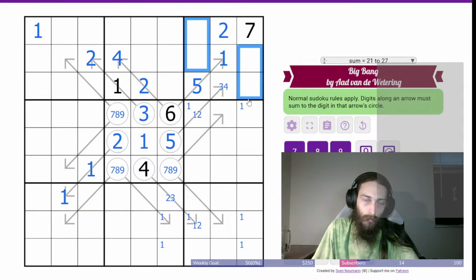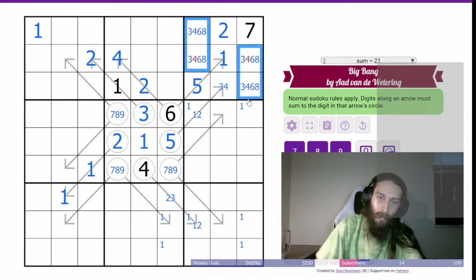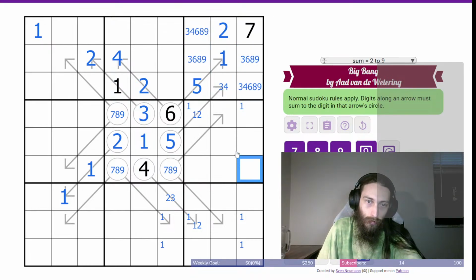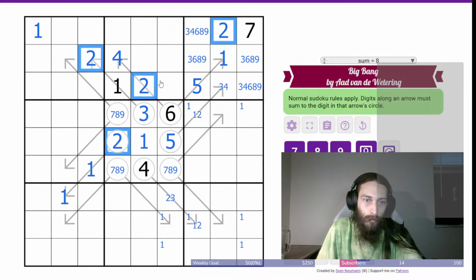I feel like filling in the rest of box 3. 3, 4, 6, 8. And a 9, where 4 isn't either of those two. I don't know if that's helpful, but doing it anyway. Alright, well, where else can 2s go while I'm thinking about them?